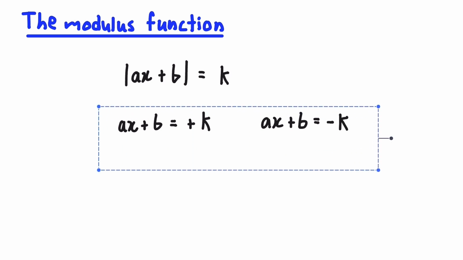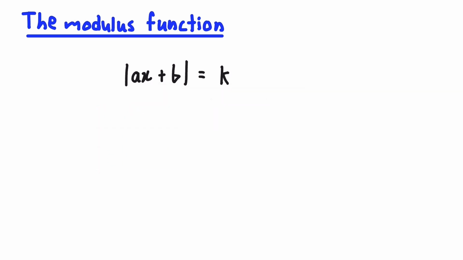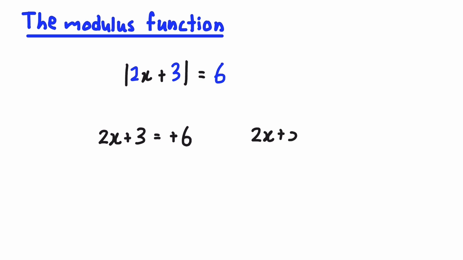So let's use numbers. We want to find the value of x. We'll say a was 2, b was 3, and k was 6. So we'll do the same thing. We said that 2x plus 3 could equal positive 6, or 2x plus 3 could equal negative 6.